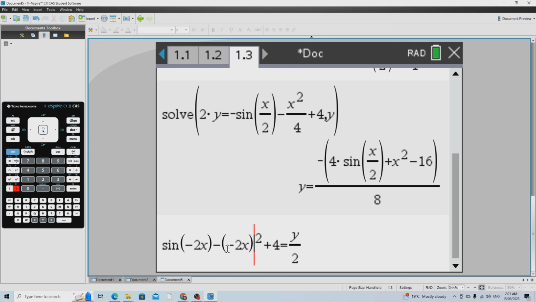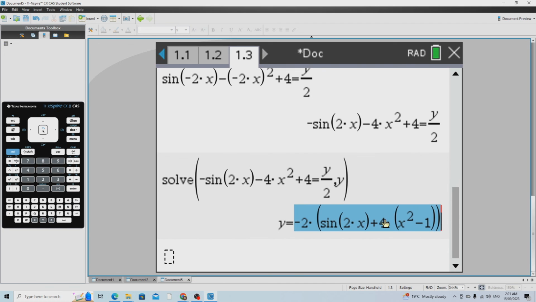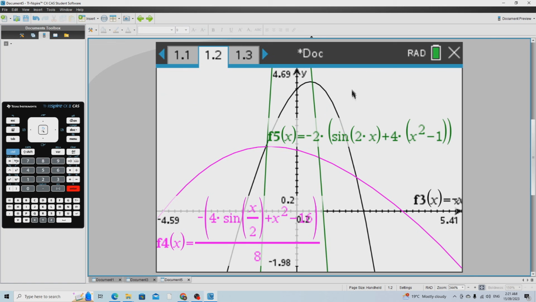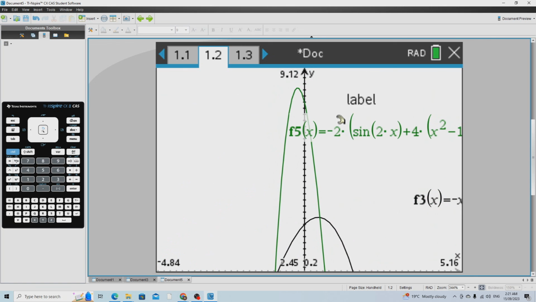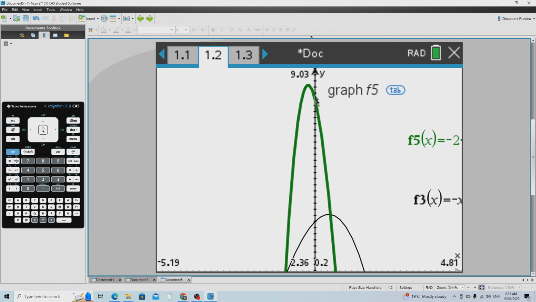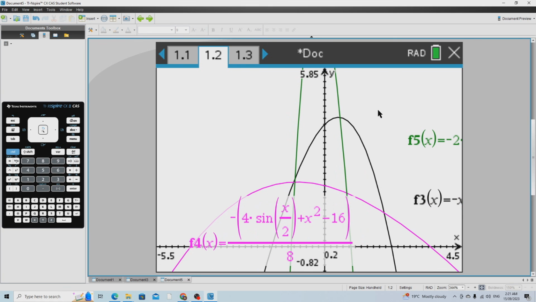Enter. We solve for y. Take this over here, and let's paste it. Enter. Okay, no way. That's rubbish. Well, it has become a negative, but it's become much steeper. So only A could be right.